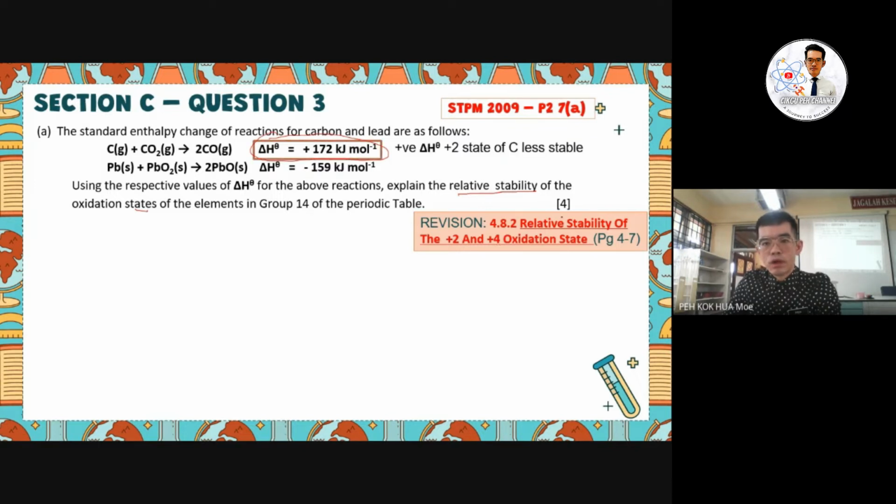From this information, first, the positive enthalpy shows that the +2 state of carbon is less stable, because we absorb more energy to form the carbon monoxide. So the carbon will be more stable in the +4 oxidation state.